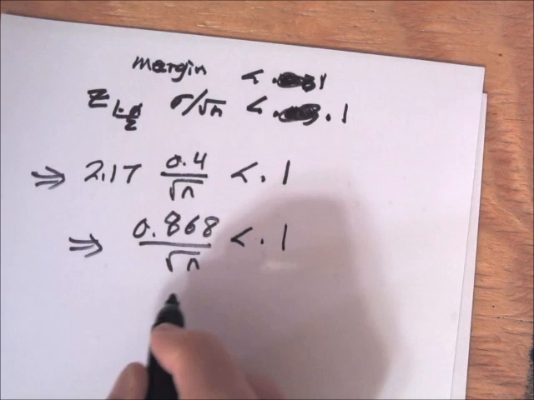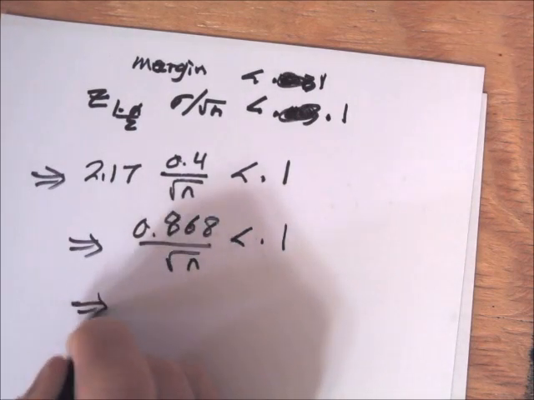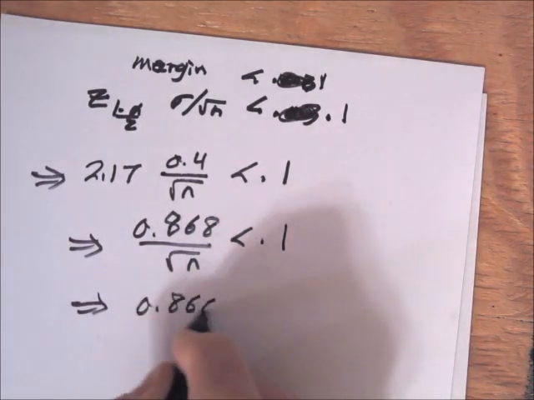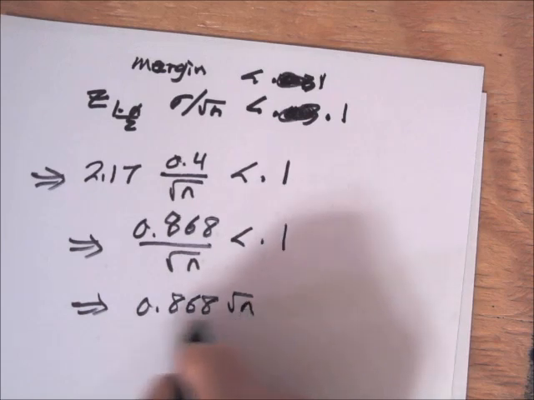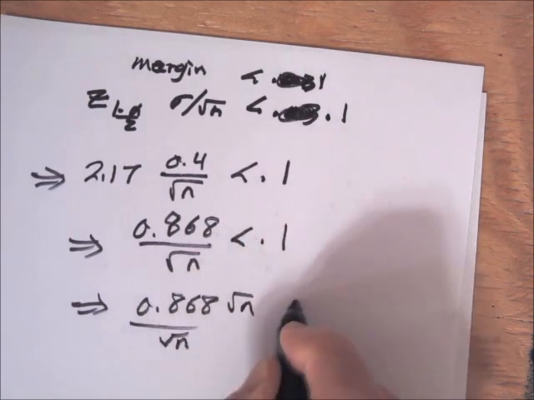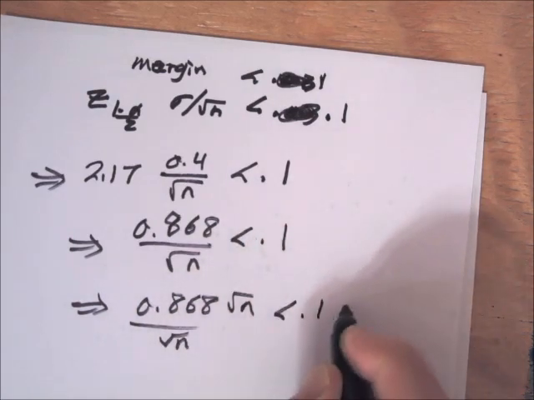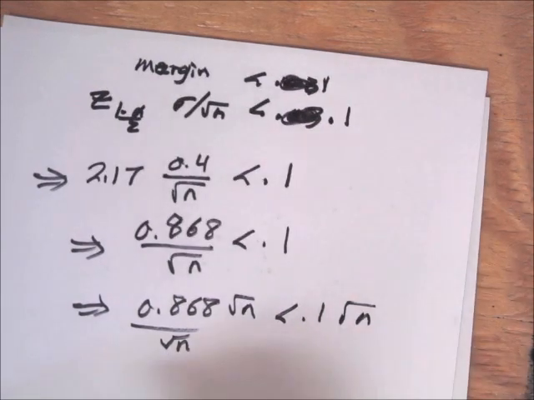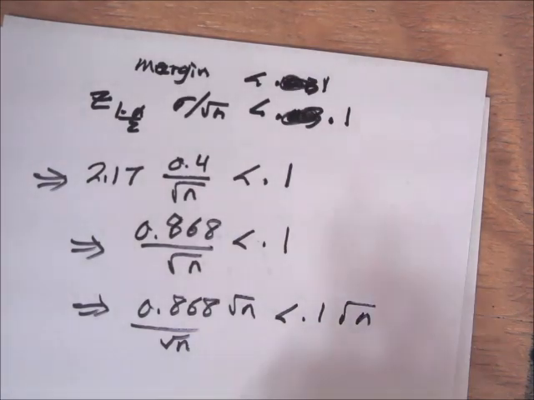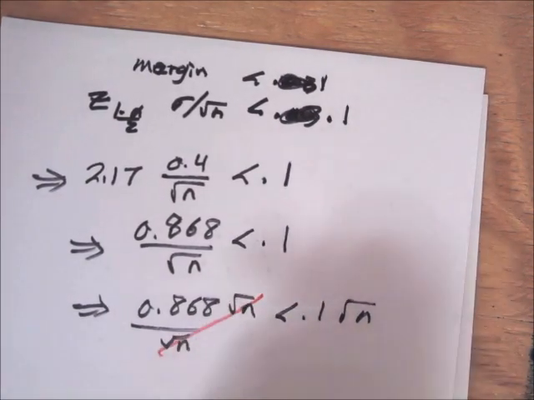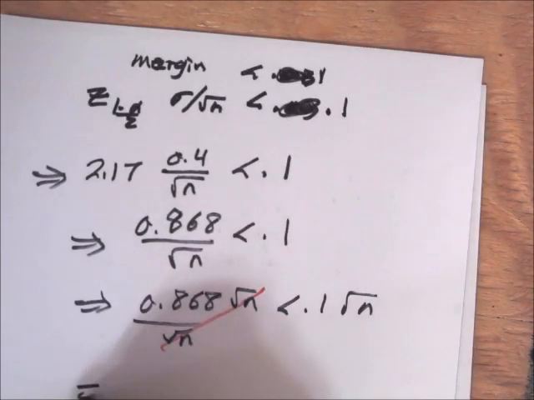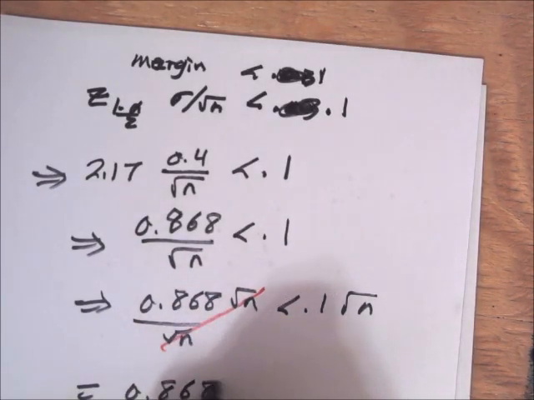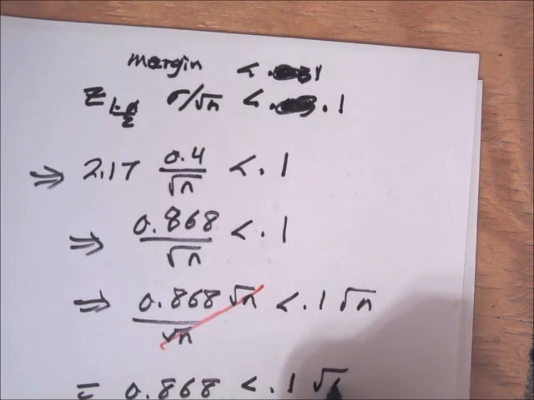If we multiply both sides by root n, we get 0.868 less than 0.1 root n.